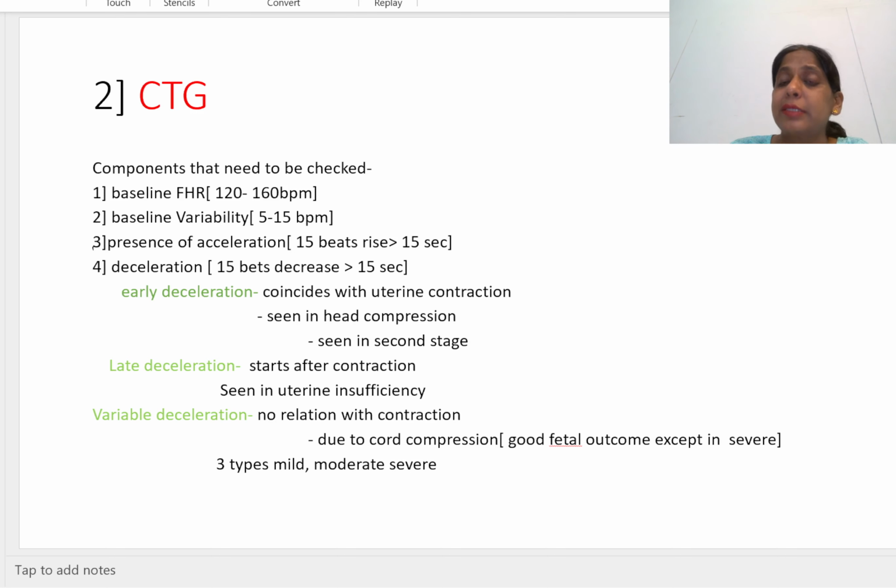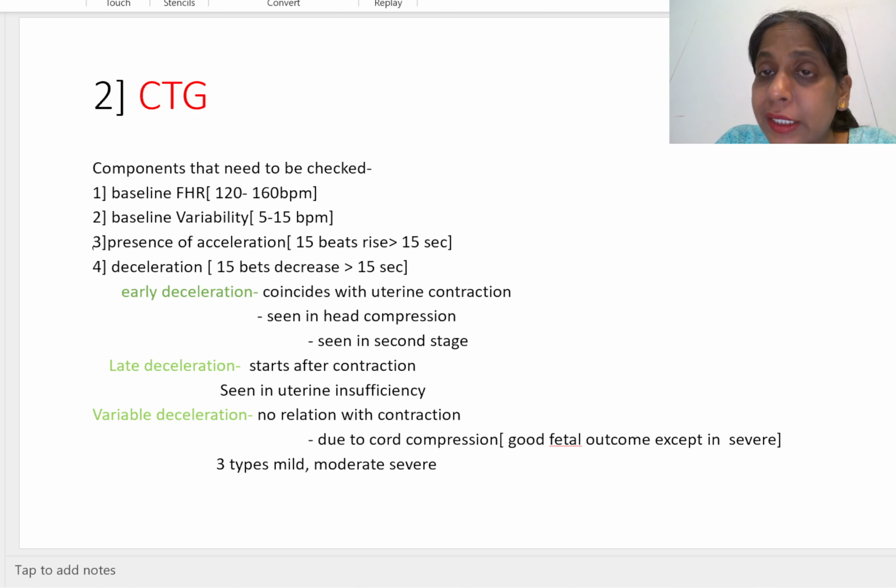Okay, and when it is there, it is during the head compression. When the head gets compressed, head has to pass through a narrow pelvis, and then vagina is much more narrow than the pelvis, right? So when the head is getting compressed, we get early deceleration or fall in the fetal heart rate with the contraction.